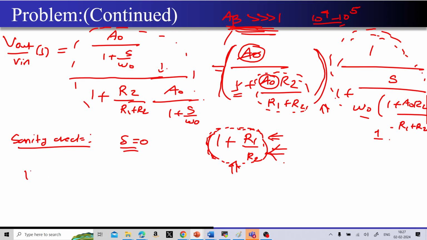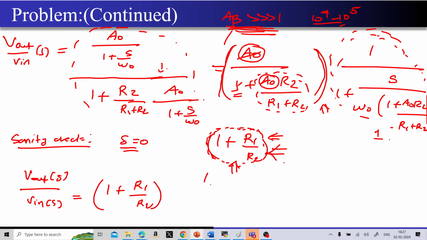So now what I will be left with is V out of S upon V in of S, which will be nothing but 1 plus R1 by R2, times 1 upon, again you can see the same factor 1 plus A naught R2 divided by R1 plus R2 is present over here also, and I'm also going to ignore this 1 from here.